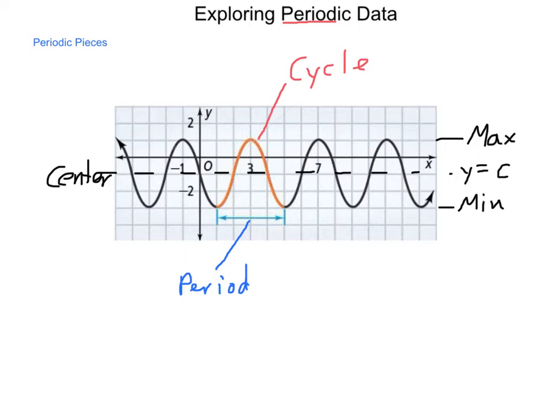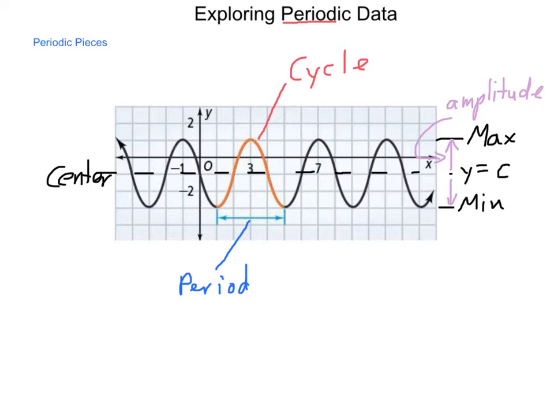The distance from this center line to either of the extremes, the maximum or the minimum, is called the amplitude. So the amplitude is half of the range of our function.